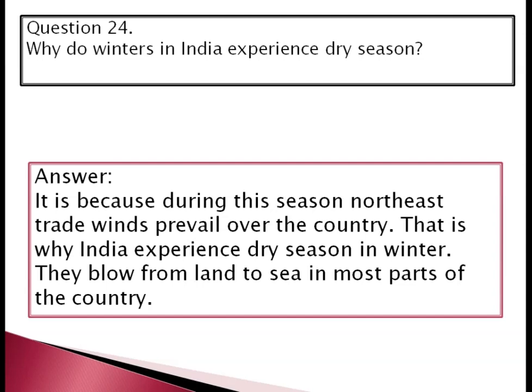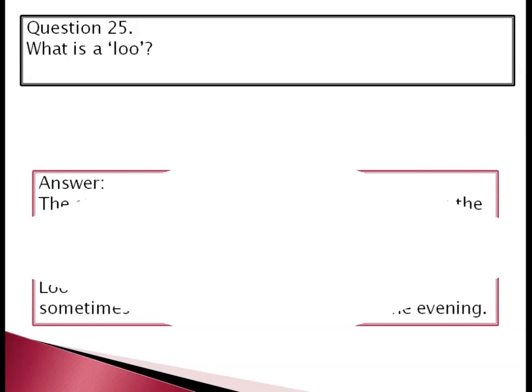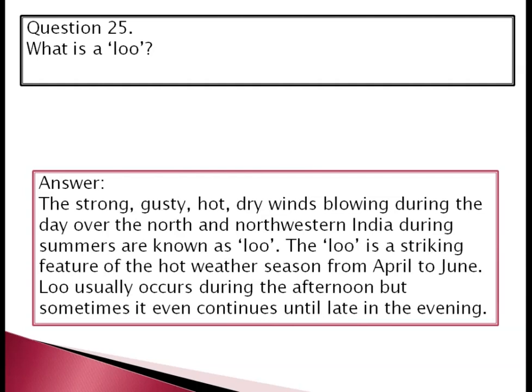Moving toward question number 25. What is a loo? So the answer: a strong, gusty, hot, dry wind blowing during the day over north and northwestern India, right? Which we were talking about.